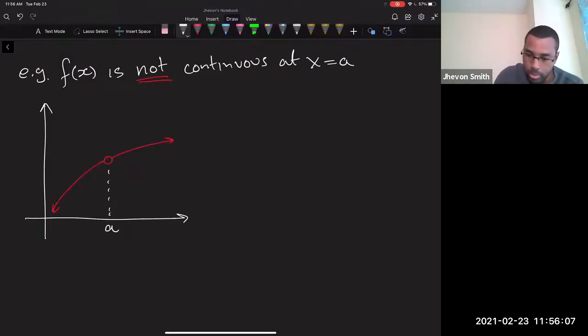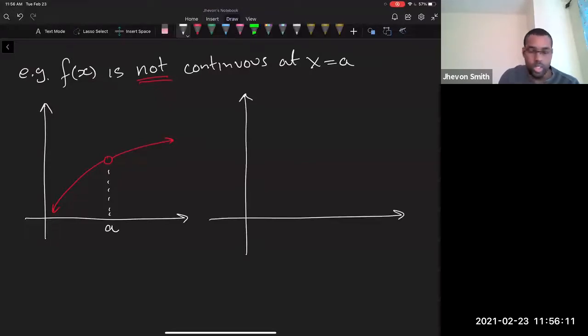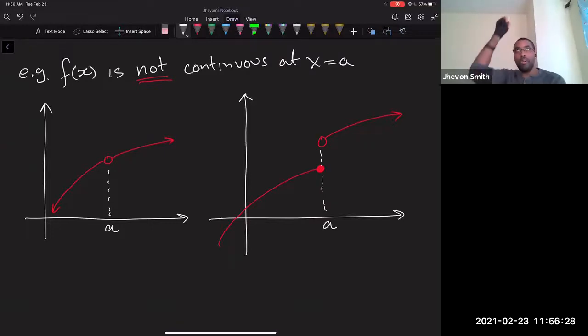Or here's another situation. So I have a graph doing its thing. It passes through the point f of a, but then it jumps up here and continues like that, right? So here, that's not continuous. I have to lift up my pencil to go from the left side to the right side, right? There's a jump here. There's a whole gap.